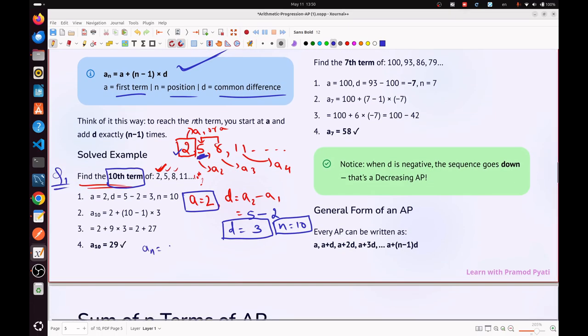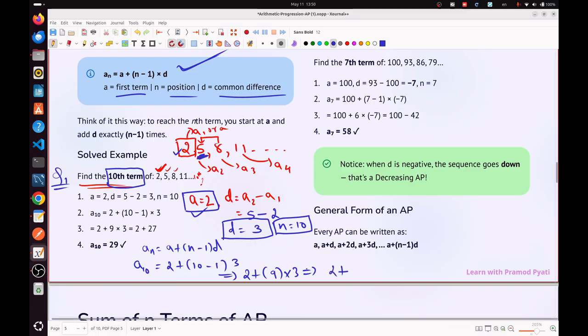An equal to A plus (n minus 1) into D. Here A10 equal to 2 plus (10 minus 1) into 3, which implies 2 plus 9 into 3. 9 threes are 27. 27 plus 2 is 29. So the 10th term is 29, the answer.